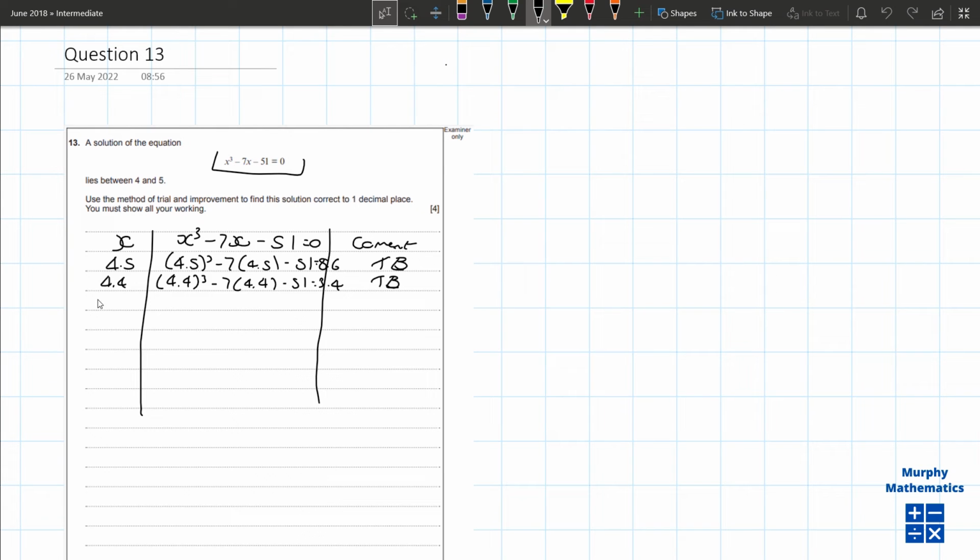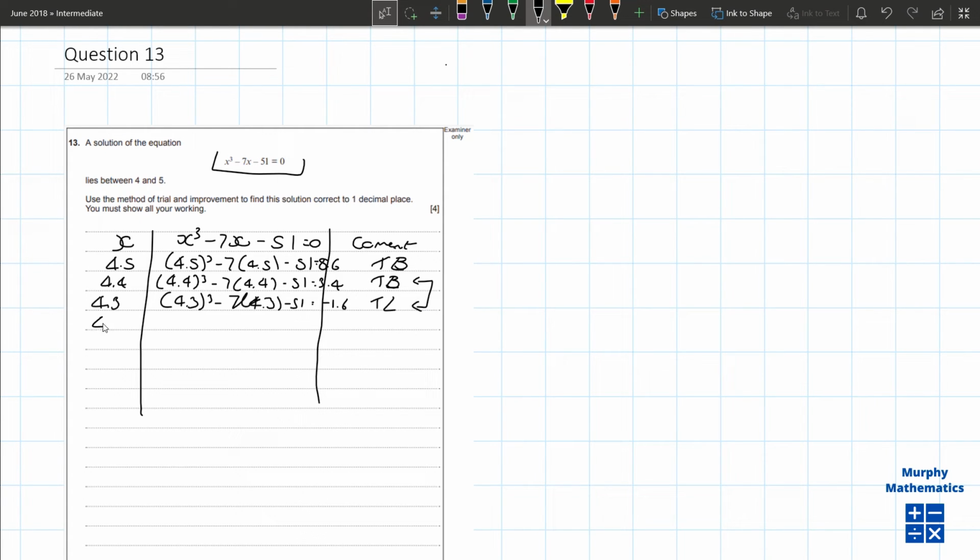Okay, so if I do 4.3, so I'll do 4.3 cubed minus 7 lots of 4.3 minus 51, that equals minus 1.6. So that's too low. So between 4.4 and 4.3 is my answer.